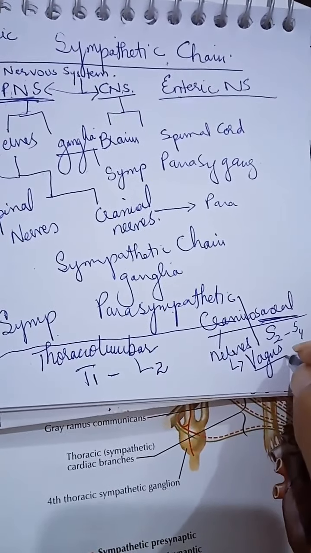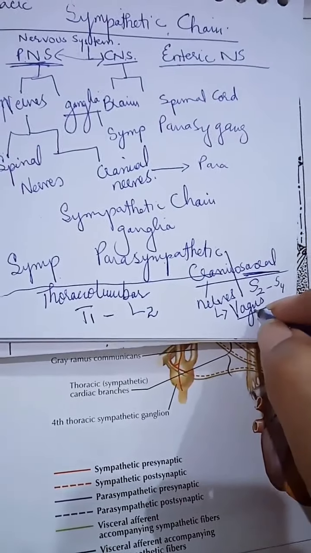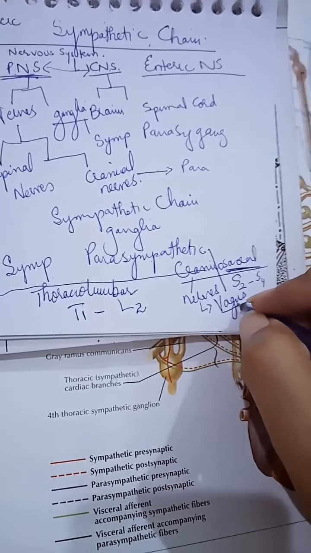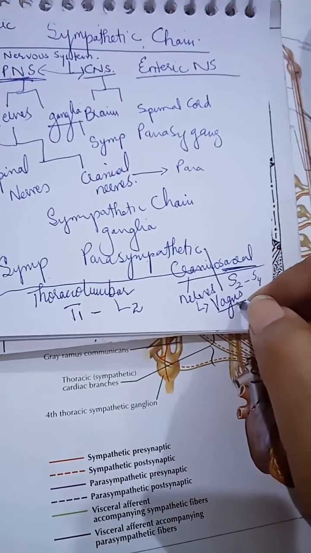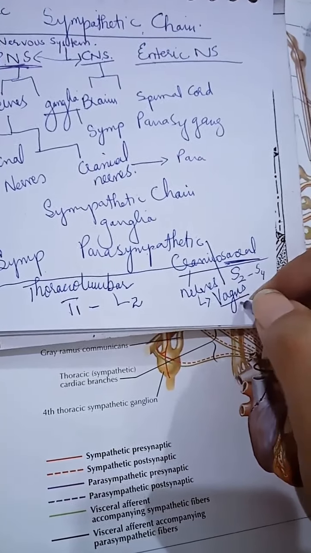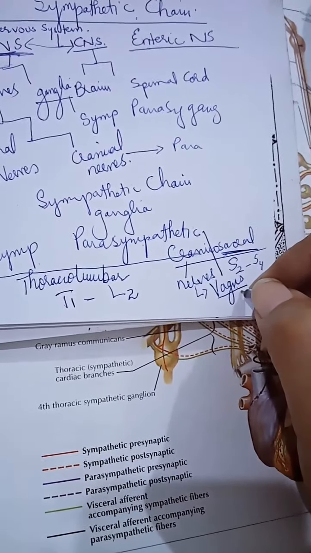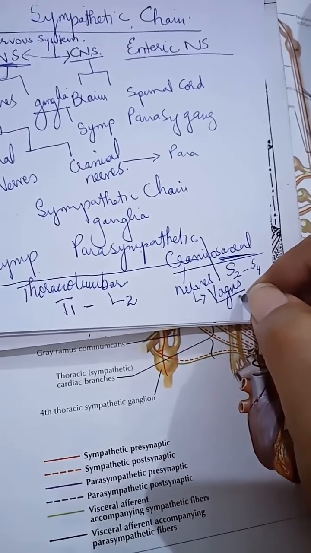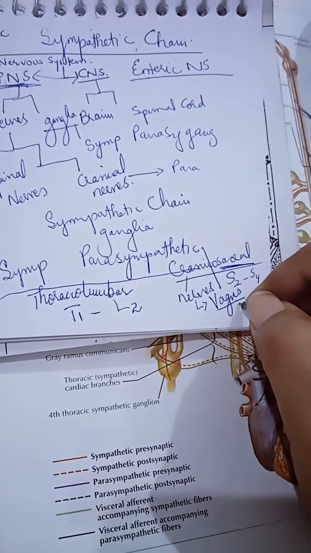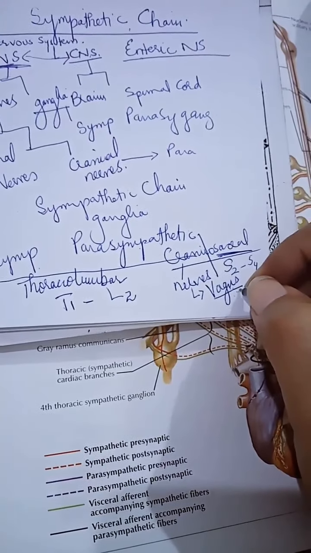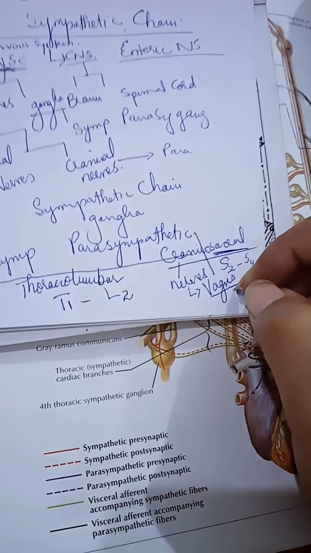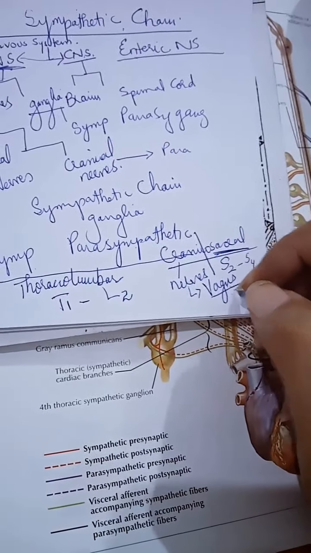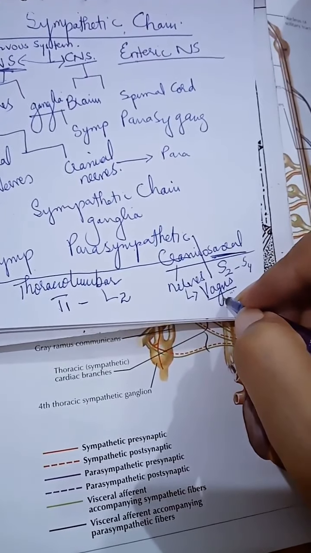The vagus nerve is the biggest nerve of the body, supplying parasympathetic activity to almost all the viscera in the thoracic cavity, the abdominal cavity, and the pelvic cavity, and it also gives distributions in the head and neck region. Therefore the vagus nerve is very important. That's why I have quoted this example.